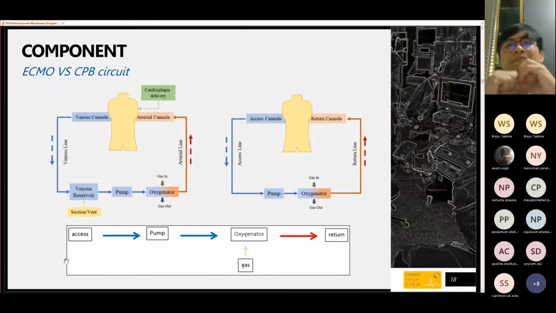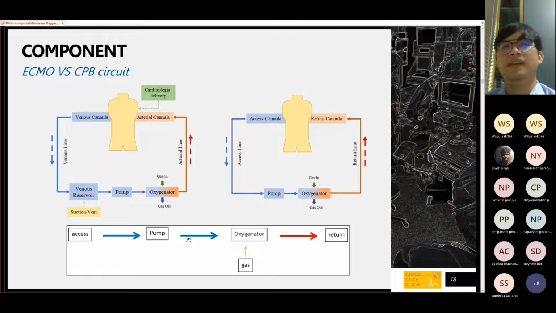If we put it in another diagram, as I usually do when teaching the ECMO and CPB circuit, we start from the access cannula, go to the pump, go to the oxygenator, and return back to the patient. We can add the gas, oxygen in and gas out, here.